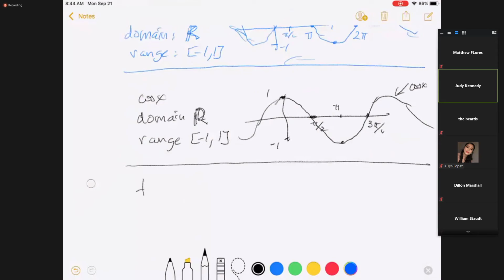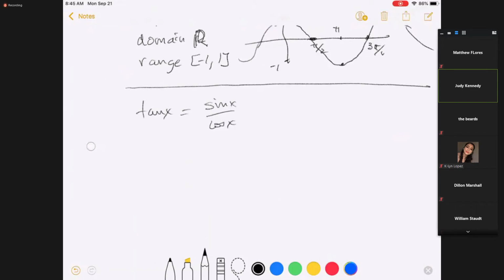The tangent function is sine over cosine, so you're dividing by the cosine function. Any place that the cosine is 0, you have a vertical asymptote for the tangent. And of course, it's not defined there. The domain of the tangent is a union of a lot of intervals. One around 0 is -pi/2 to pi/2. Cosine is 0 at pi/2, and that means the tangent's not defined there.